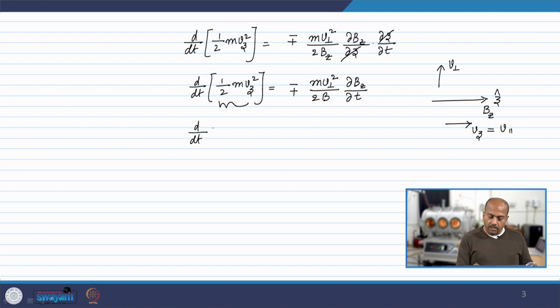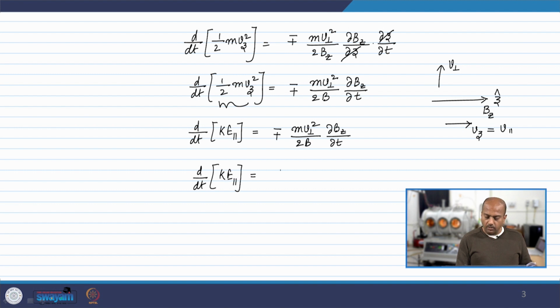So we will write d by dt of kinetic energy parallel is equal to minus plus m v perpendicular square by 2B dou Bz by dou t. Or we can write d by dt of KE parallel is equal to minus plus KE perpendicular by B dou Bz by dou t.